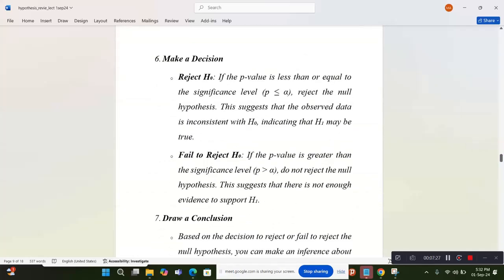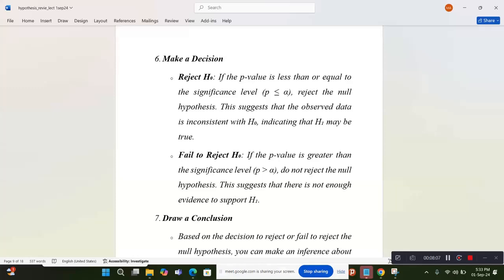From there, you make a decision. You reject the null hypothesis if the p-value is less than or equal to the significance level, that is, p is less than or equal to alpha, where alpha can be 0.05, 0.01 or 0.1, depending on the significance level. This suggests that the observed data is inconsistent with H naught, indicating that H1 may be true.